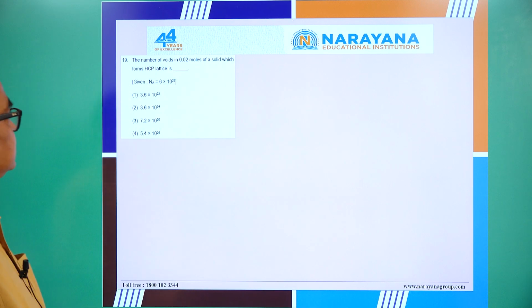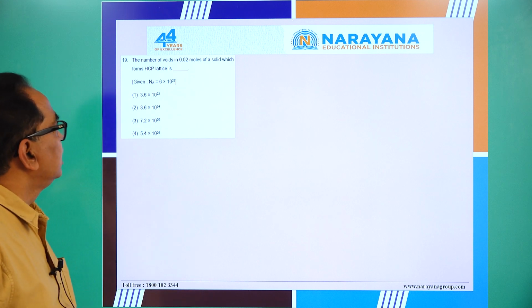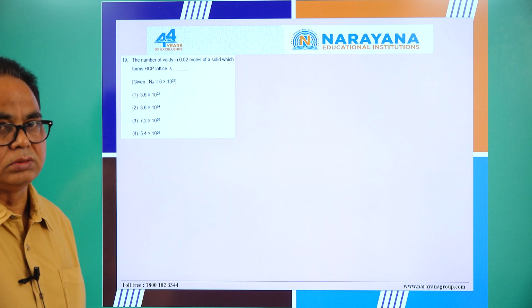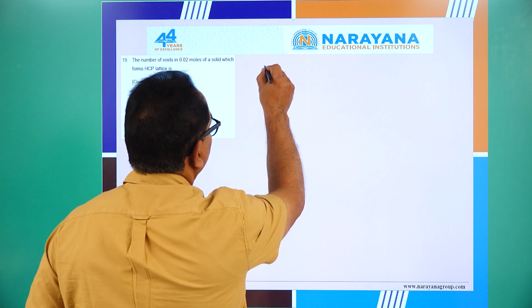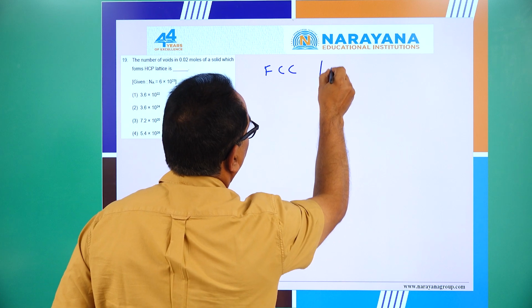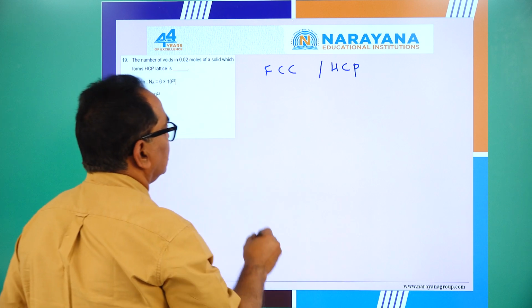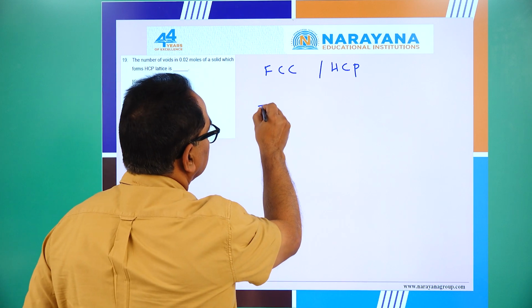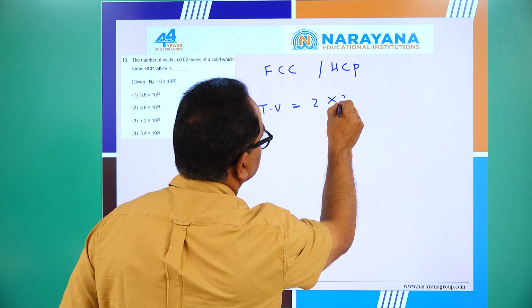The number of voids in 0.02 moles of a solid which forms an HCP lattice is... For an FCC or HCP lattice, tetrahedral voids is equal to 2 into rank. This you have to remember.